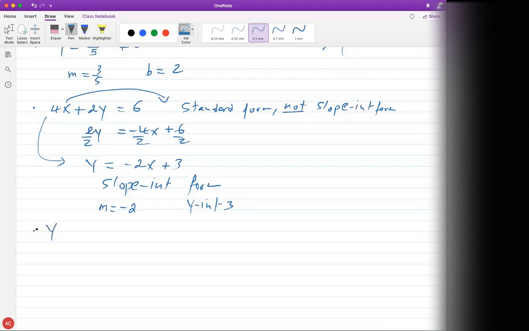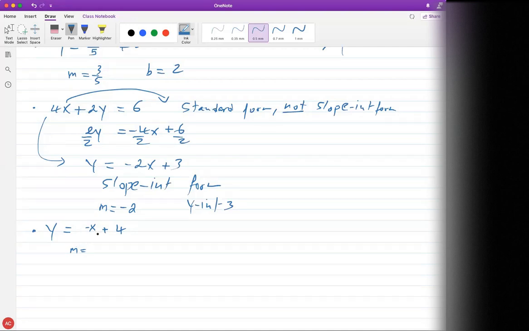One more example here. What is the slope of this line here?